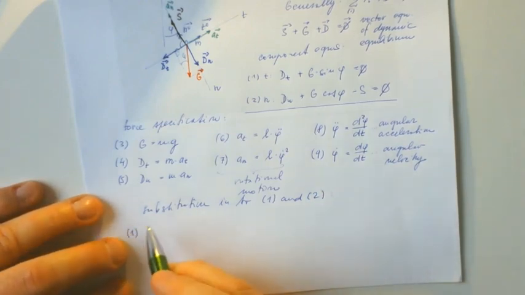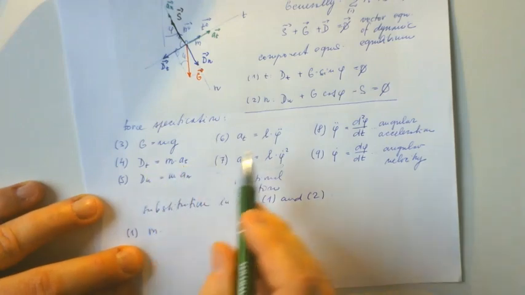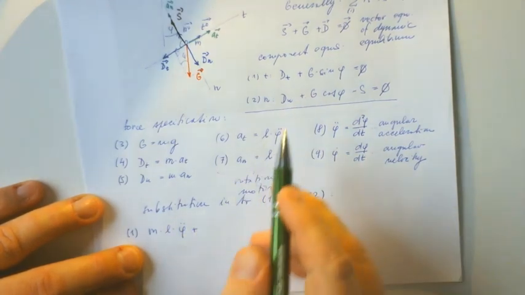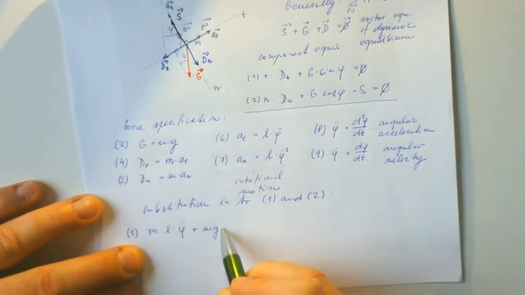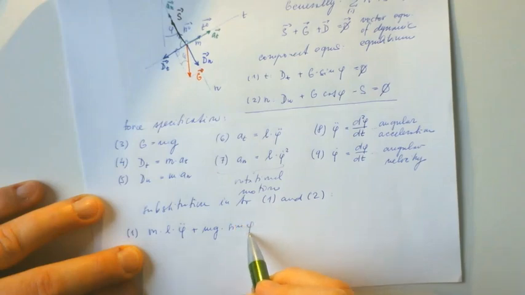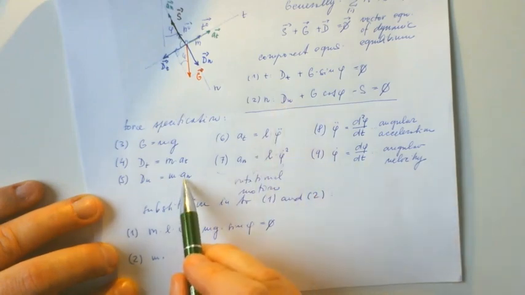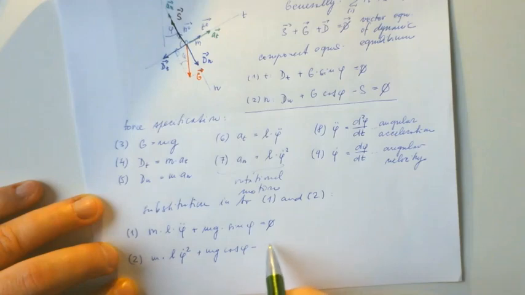So first equation we can write Dt is m by at, where at is L by phi with two dots, plus G is mg by sine phi is equal to 0, and second equation m Dn is m by an, so it's L phi dot square plus mg cosine phi minus S is equal to 0.